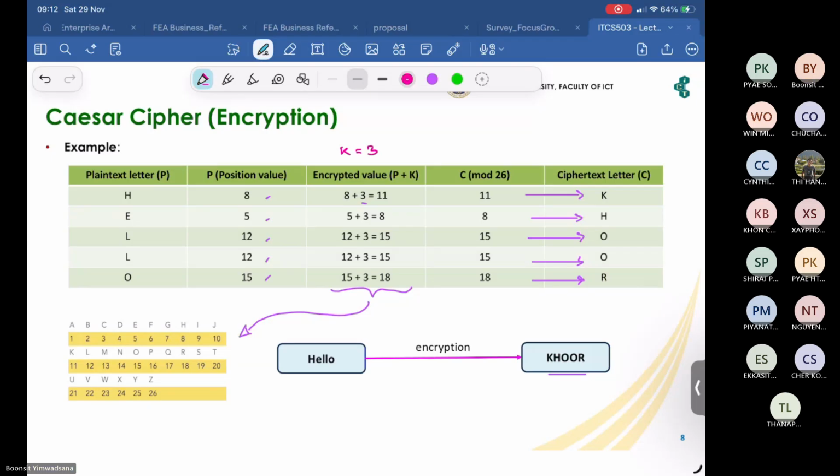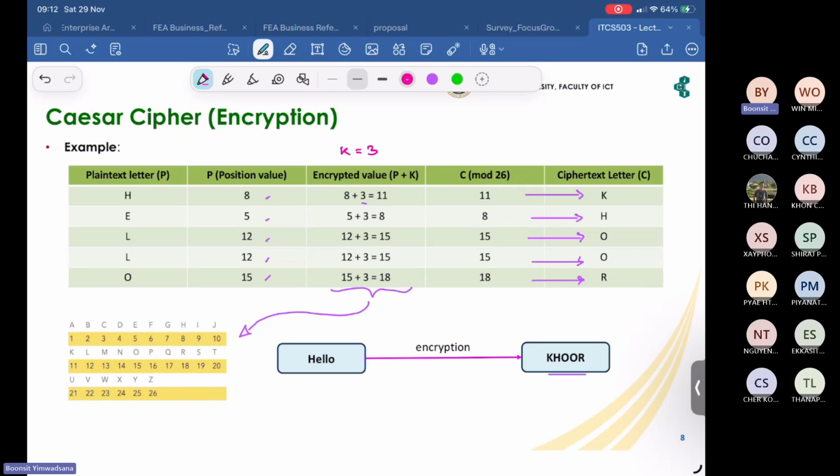And then each alphabet, for example, hello, if we look at it in the alphabet table, you will see that the position of H, which is 8, will be shifted by 3 positions. And if it goes beyond the position of letter Z, then it will be wrapped around, going back to the beginning. That's why we need the mod function.